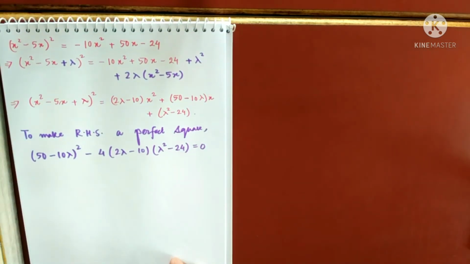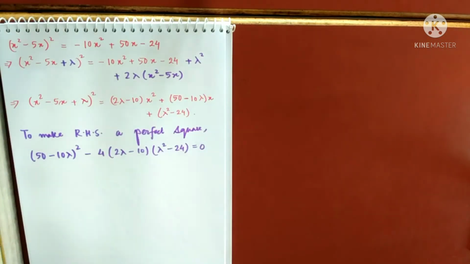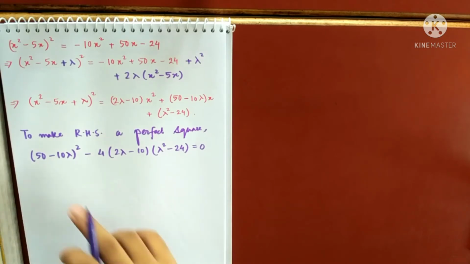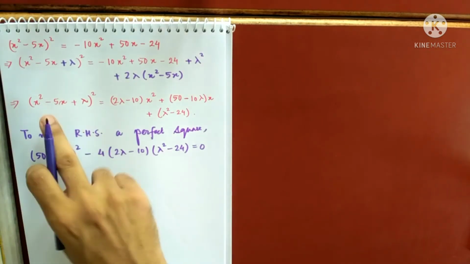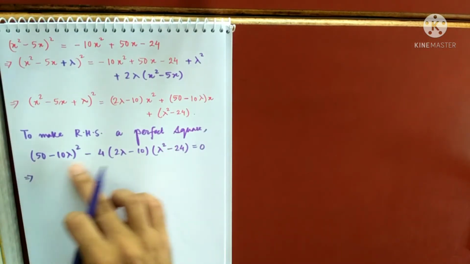So to make right hand side a perfect square, which was our aim as already explained in the first part. So I want to make right hand side as a perfect square. So to make right hand side a perfect square, I have to have b square minus 4ac equals to 0, and that will give you a value of lambda. So for this value of lambda, for any one value of lambda, I can write this as a perfect square. Let's see. You have to solve for one value of lambda.